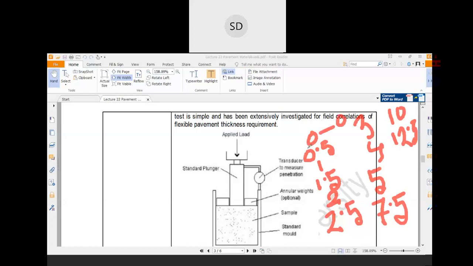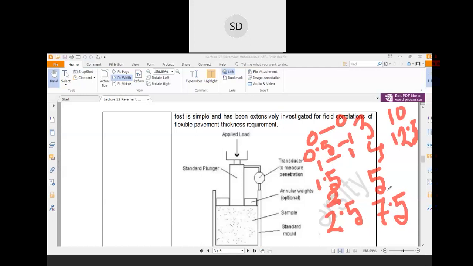After that, you find the load reading for 0.5 mm of displacement and note it down. Again, you note the load value corresponding to 1 mm displacement and take that reading. Similarly, you take the reading for all these penetration values.